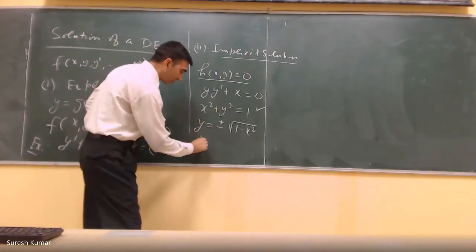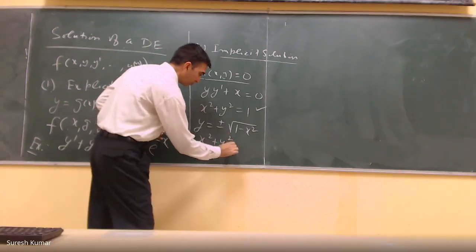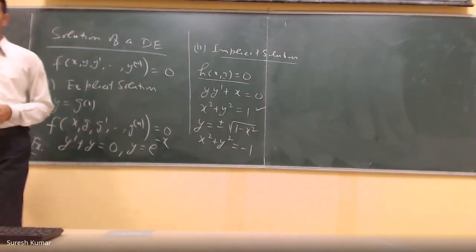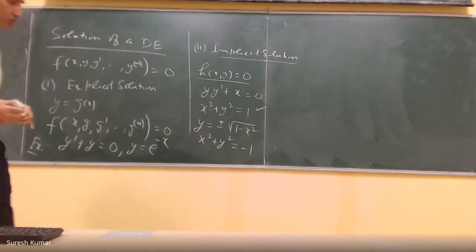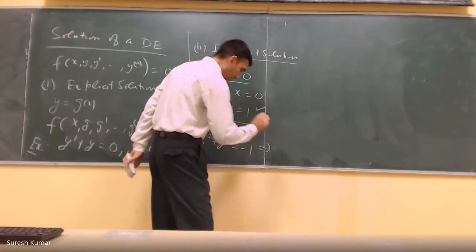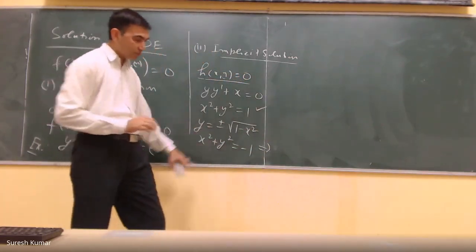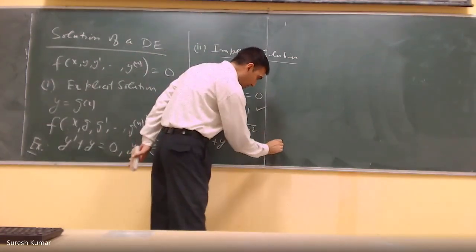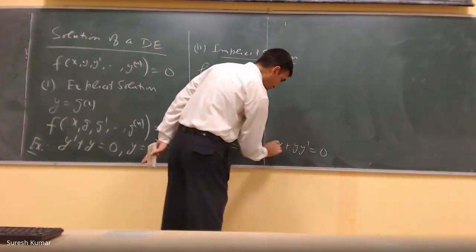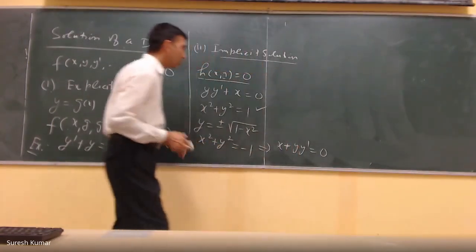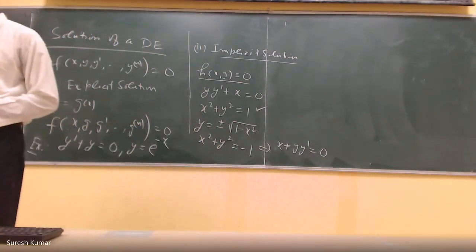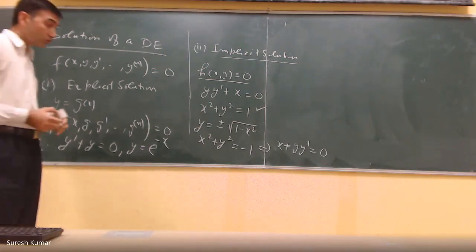But look at this one. This is also a solution, because if I differentiate both sides with respect to x, I get x plus y y prime equal to 0, which is the given differential equation. But it is not an implicit solution. Why?